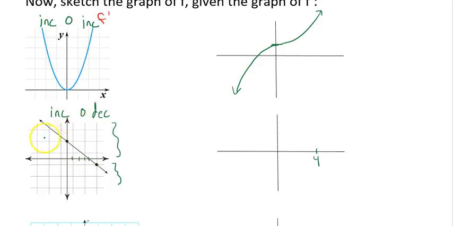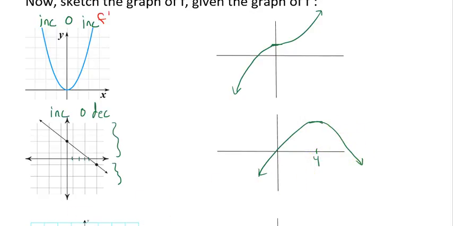Okay, so if our graph is increasing, has a 0 and then a tangent line and then decreasing, again, I don't know whether to draw it down here or up here or whatever, but I need to be increasing before 4. I need to have a horizontal tangent line, so I need to hit a max. And then I need to be decreasing after 4. So you could have put that up, down, wherever. As long as it looks like an upside down parabola with a max at 4, then you have done it correctly.